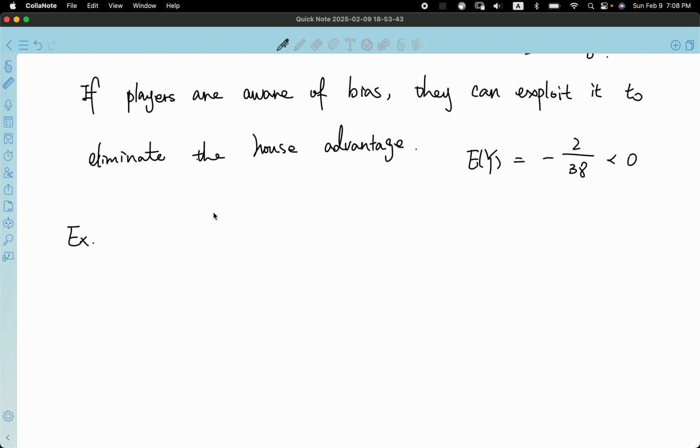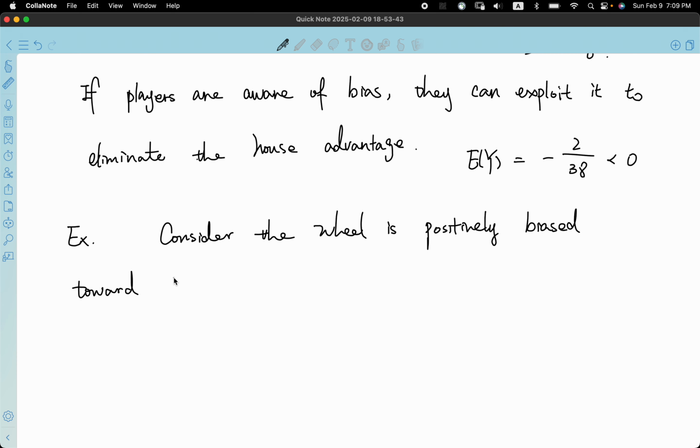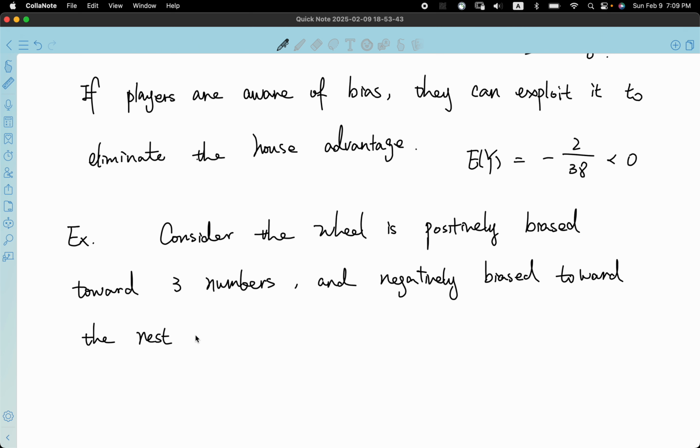Let's consider the wheel to be positively biased toward 3 numbers, and negatively biased toward the rest of the 35 pockets here.